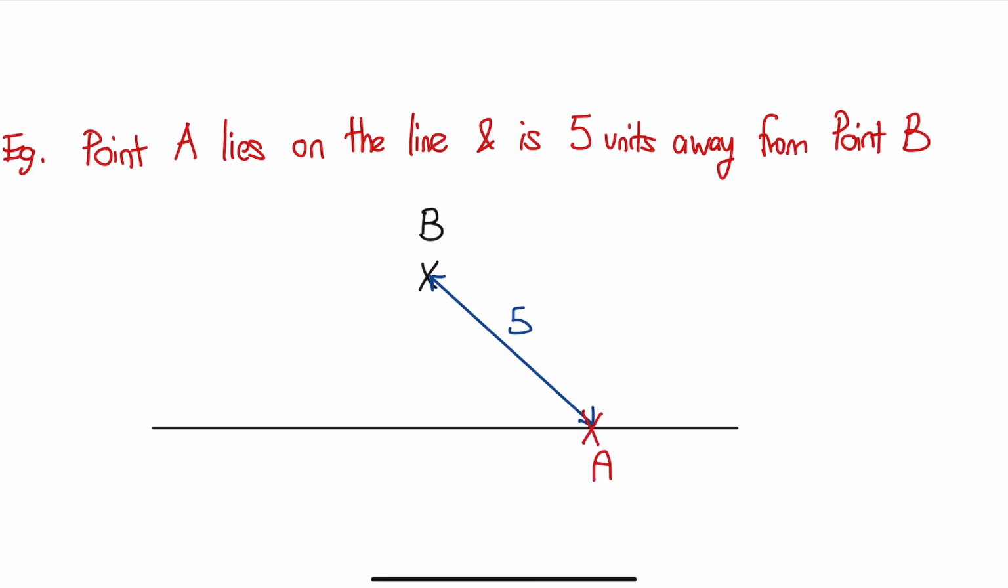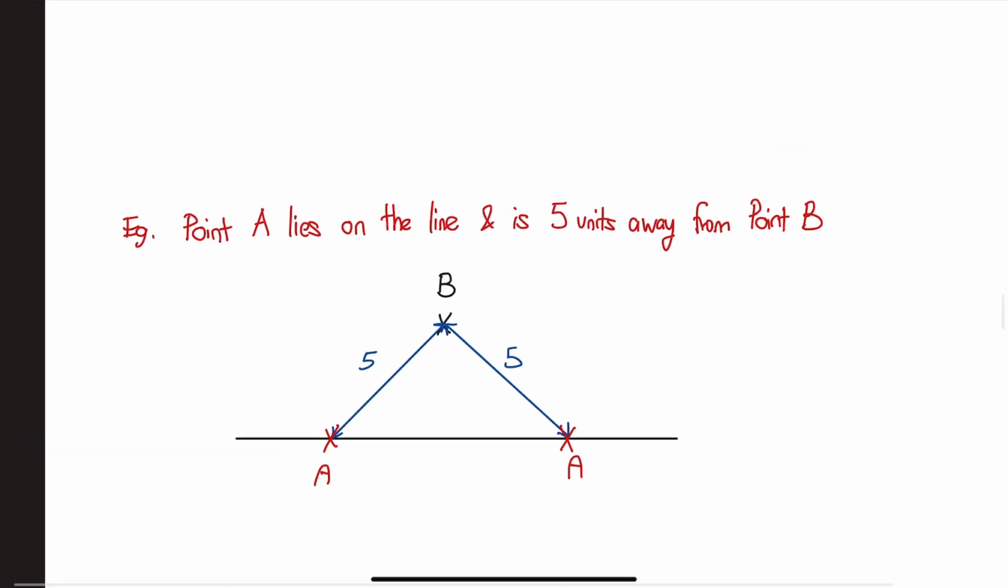But think about it, is this the only possible position of point A? If I were to check along this whole line here, I can also find another point on the left side of point B, such that it is also 5 units. Somewhere maybe here. Okay, this can also be 5 units, and this will also be a possible position of point A.